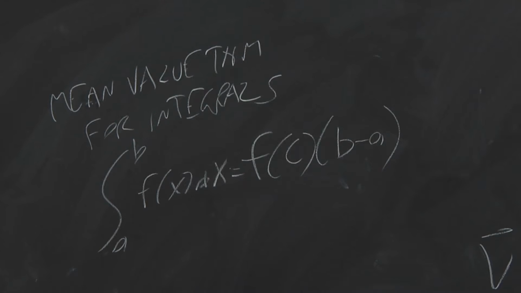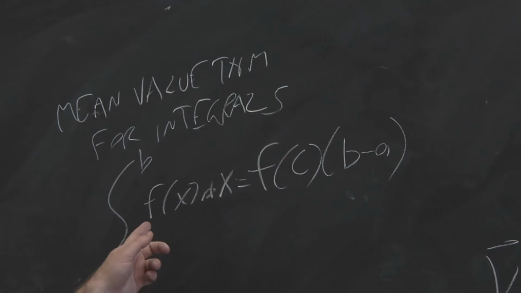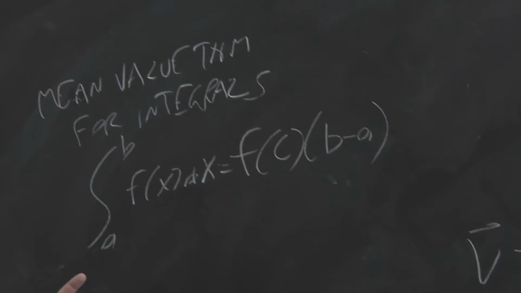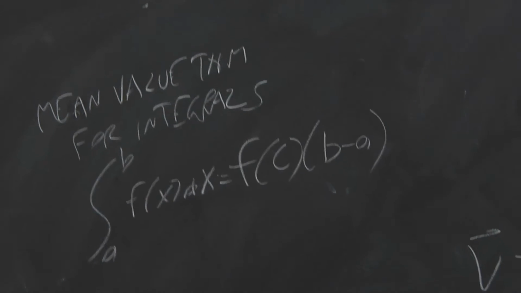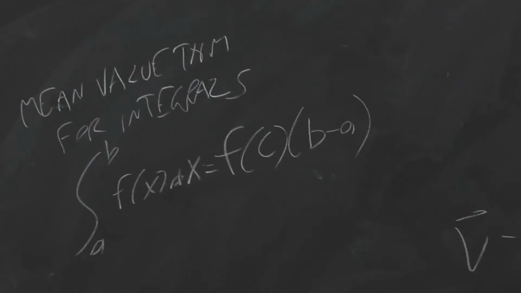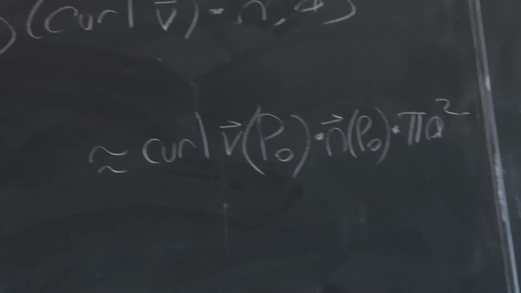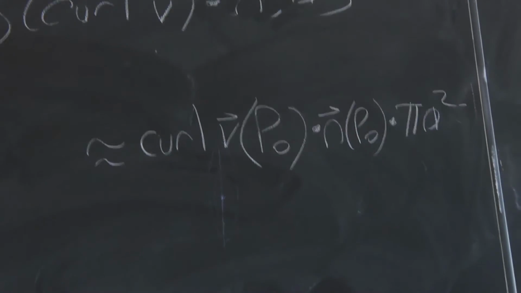So it's the same principle: as you're integrating over a nice small region, you can approximate the integral by the integrand at a point, p naught, times the size of the region, the area of that disk.